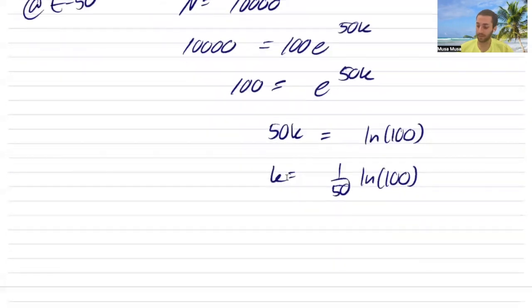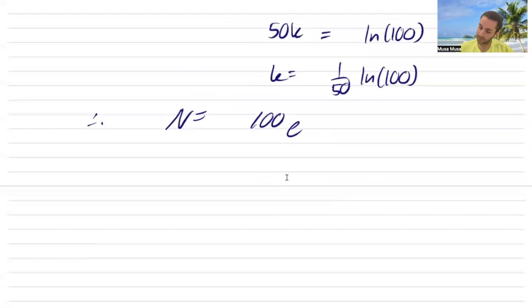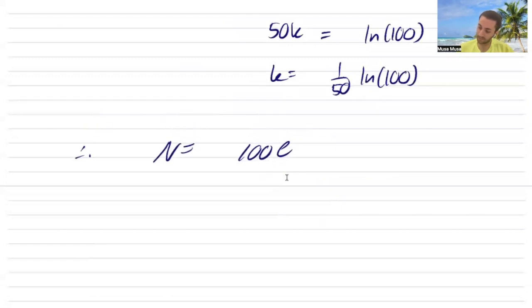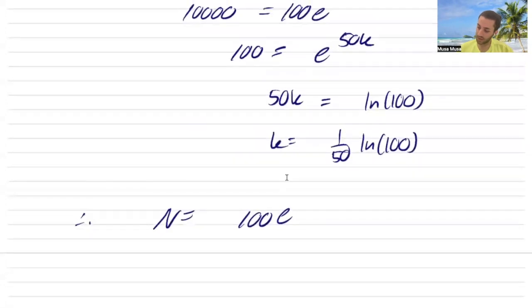There we go. So therefore, n is given by 100 e to the power of kt, with k put in there. That's our equation.